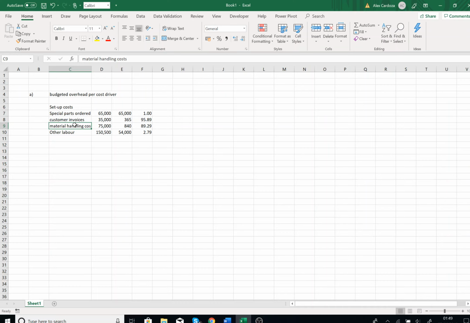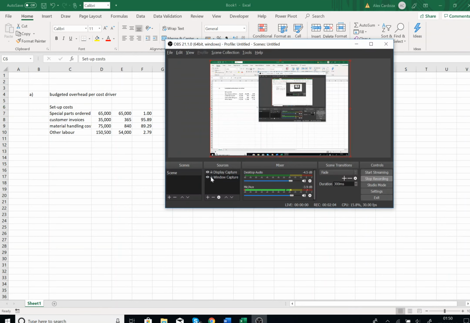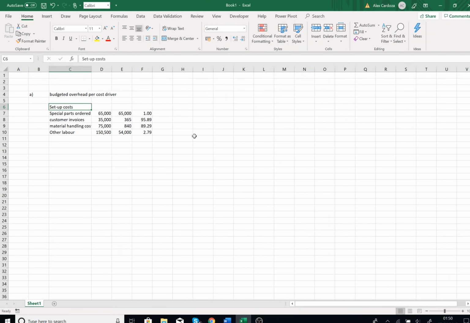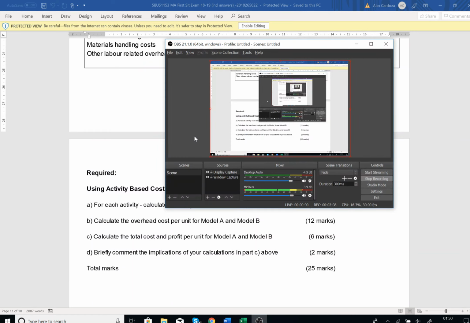So what is actually driving these costs? Is it the amount of material you have? For example, with regards to the material handling cost, it's how much material is ordered. So let's take setup costs, for example. What drives those specific costs is what they call cost drivers.